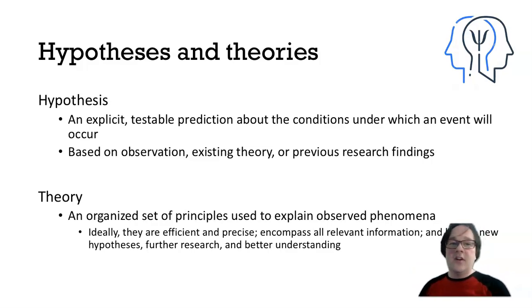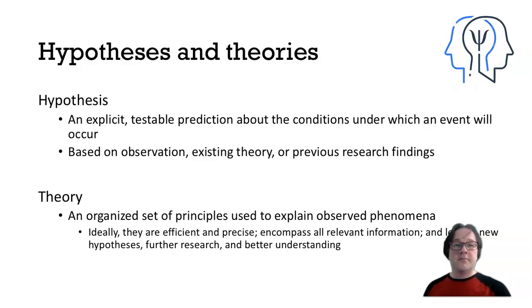So hypotheses are informed. They're not always informed by prior research. Sometimes they're informed by theory. But let's say the best hypotheses, I'll be a little biased here, the best ones are going to be informed by prior research findings. So again, they could be based on observation, right?